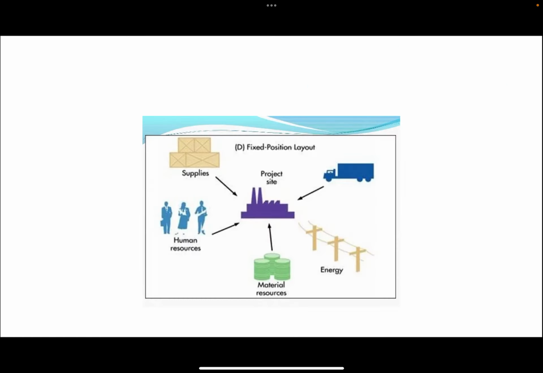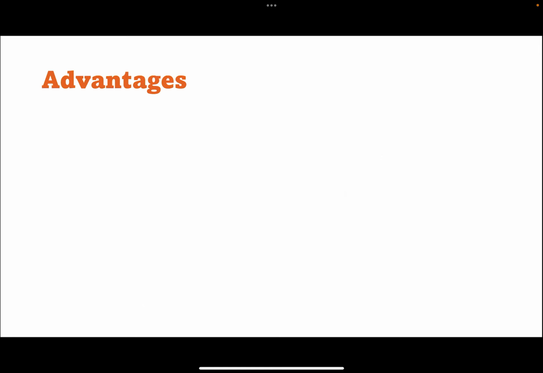So you can see this example. This is the project site. You can see the transportation, the energy, and material resources, human resources, suppliers, etc. are placed. So this layout involves how you are arranging these various facilities around the project site.